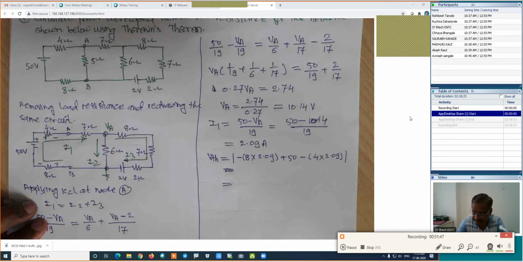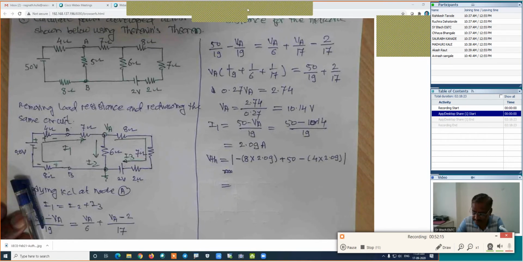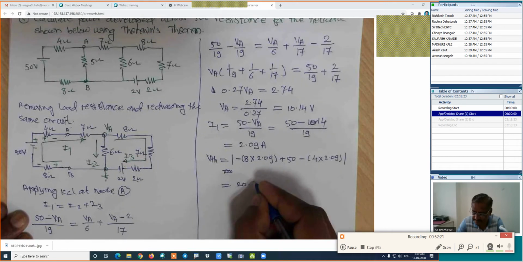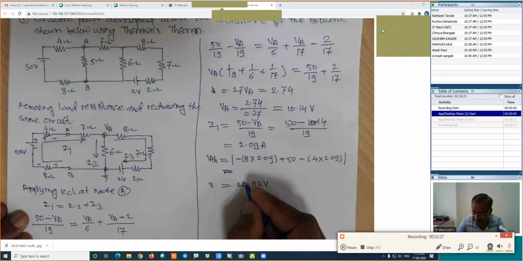How much is the VTH in this case? Sir, 20.92 volt. 24.92.